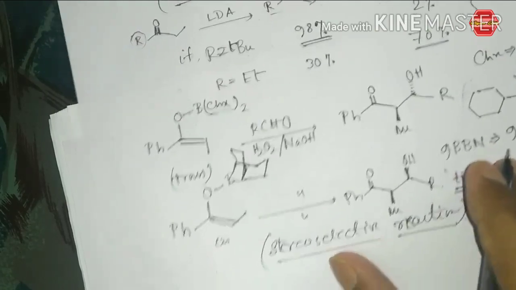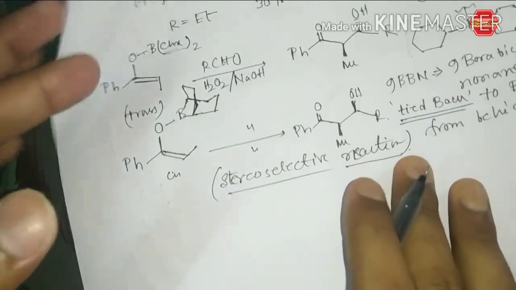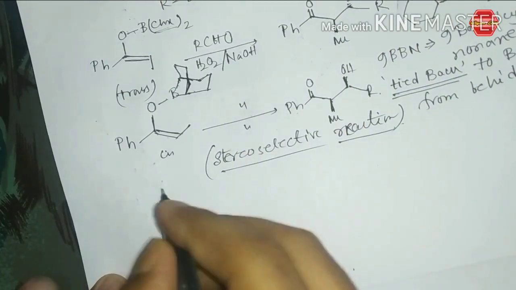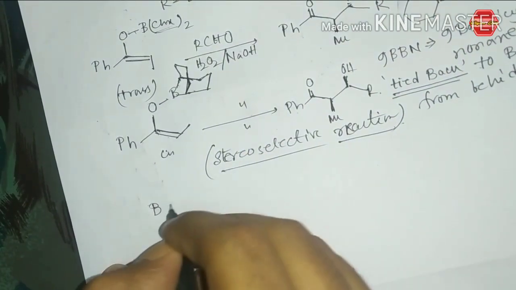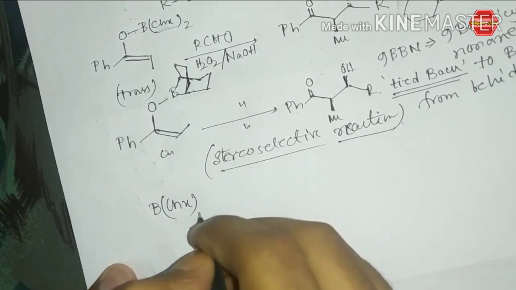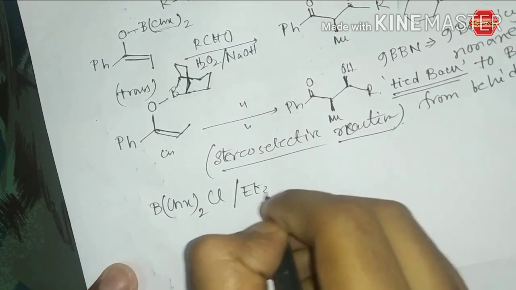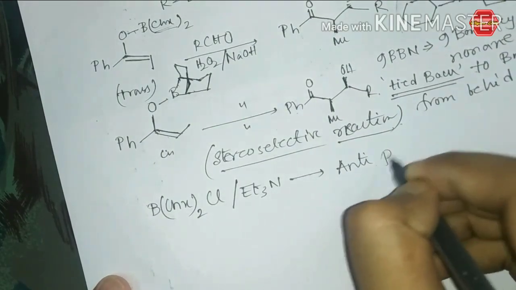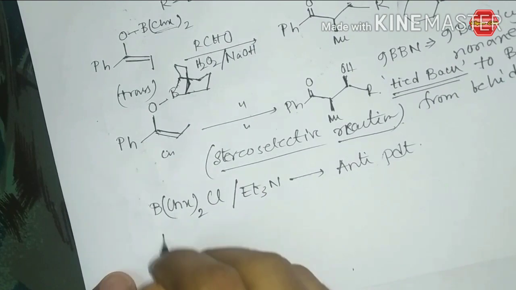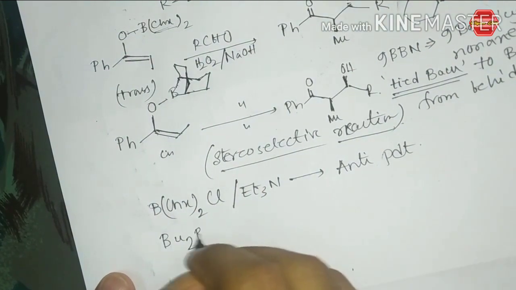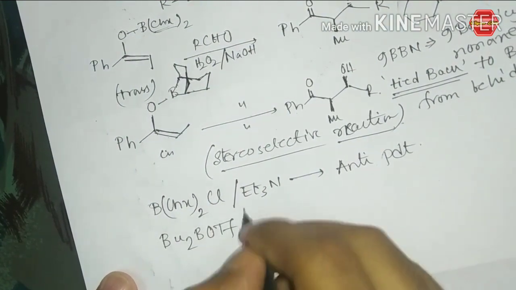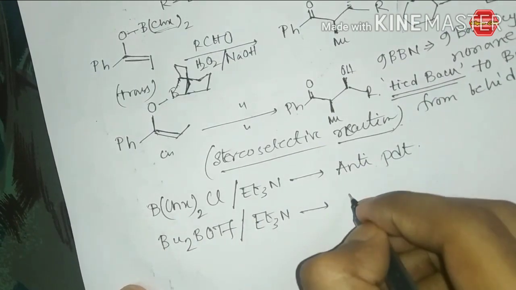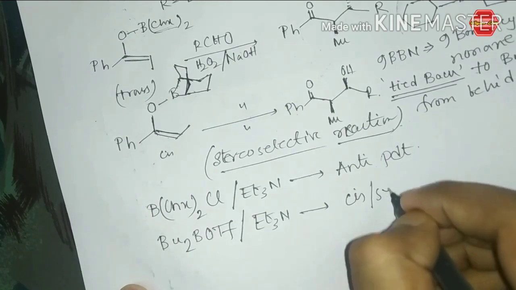Okay, now in short, you can write this CHX. If you have this in the presence of Et3N, you always get the anti product. But if you use Bu2BOTf in the presence of Et3N, triethylamine, you get the cis product or syn product.